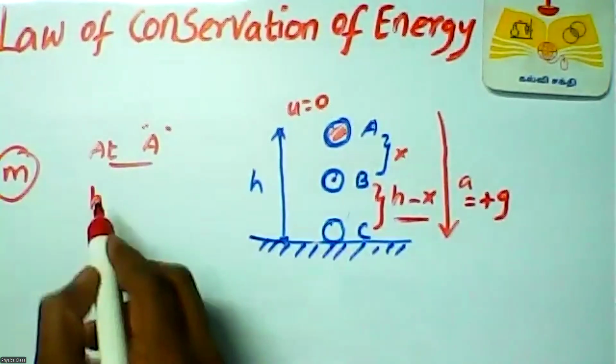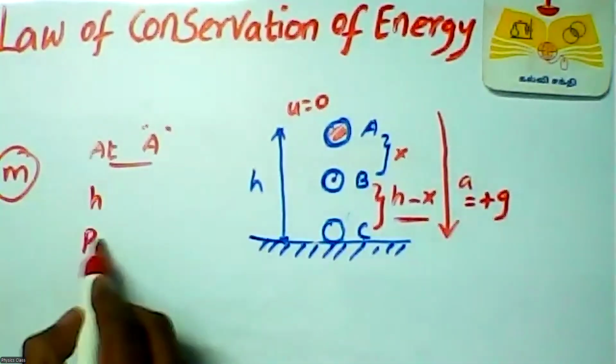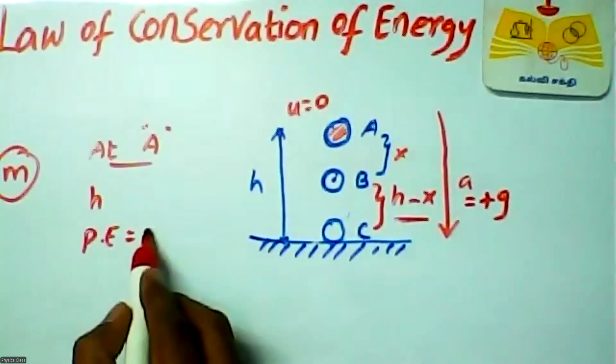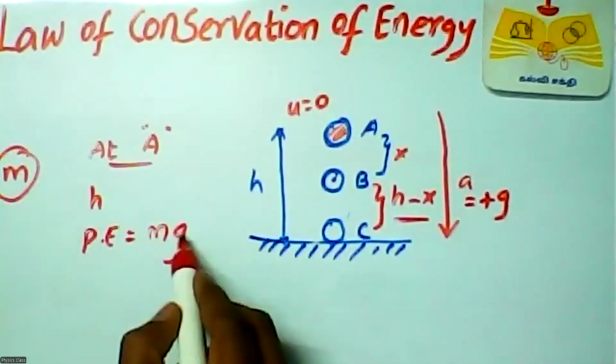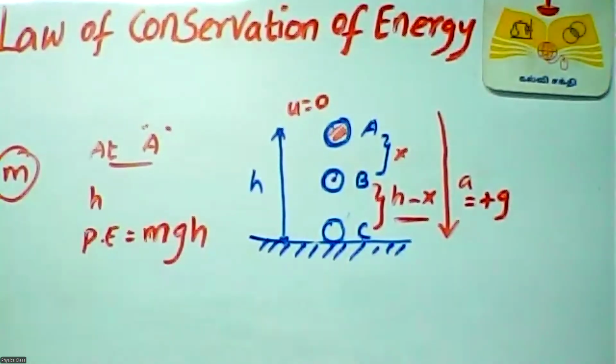So height is there, and the potential energy is also there because of height. Potential energy, as I told you, is mgh. Correct? But there is no initial velocity, so U is equal to 0.